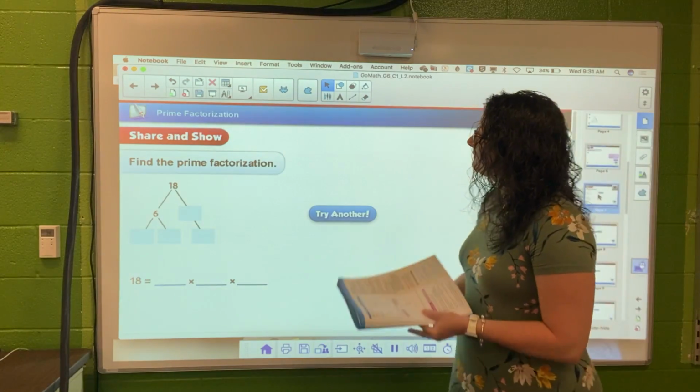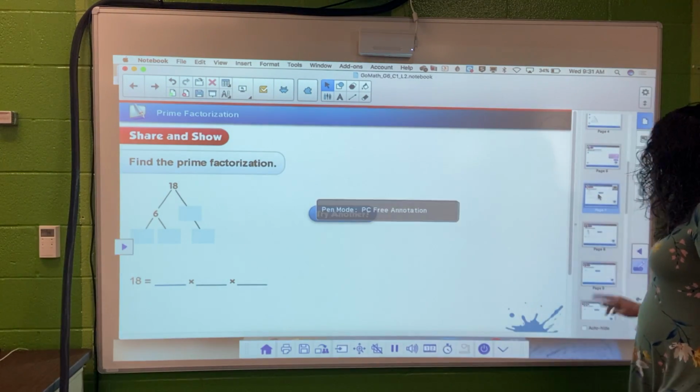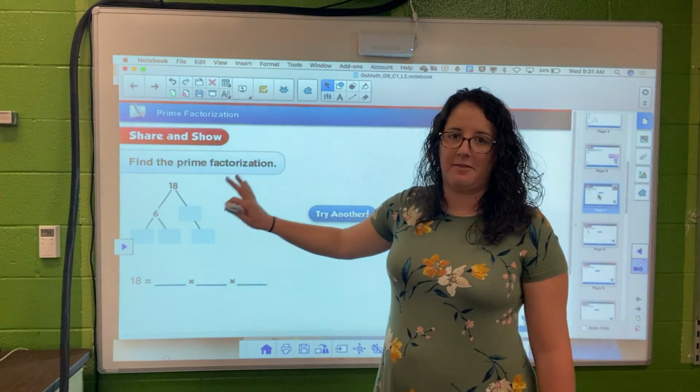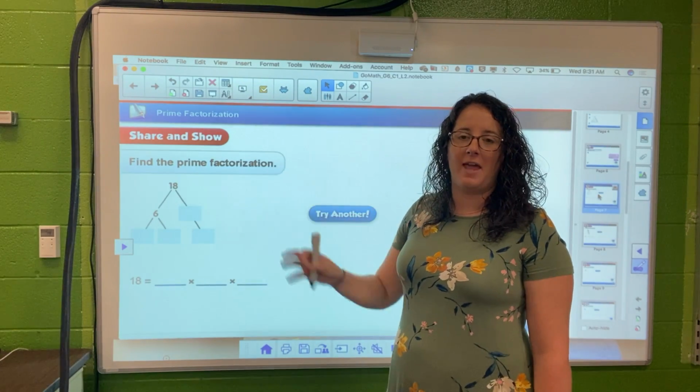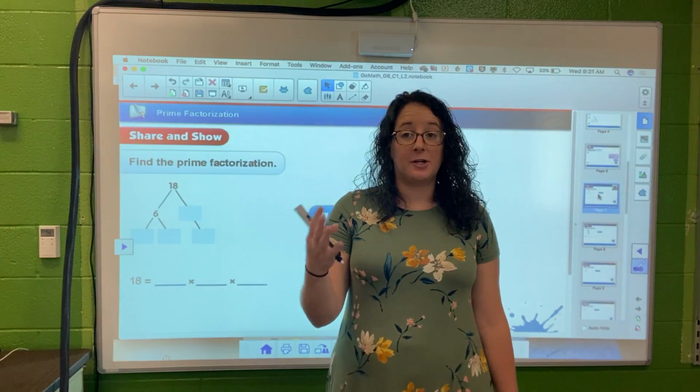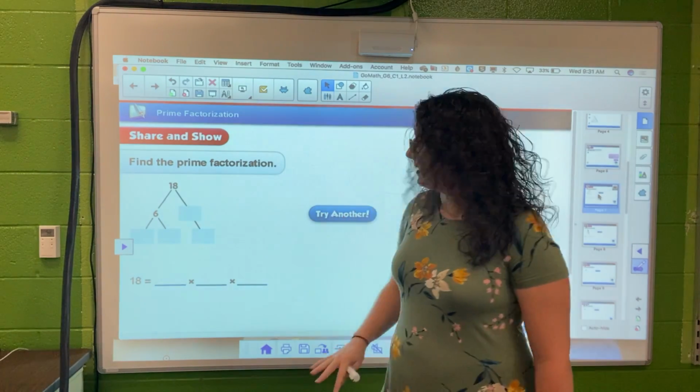There we are. I love the way factor trees work. I think they're so much less confusing than that ladder. I don't like the ladder. If you like the ladder and it makes sense to you, feel free to use it.